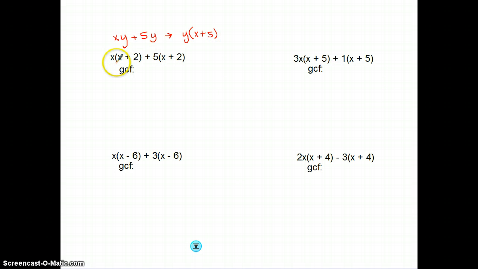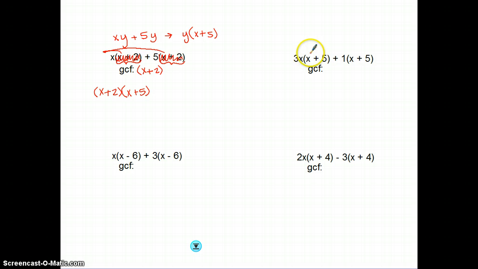Now, down here, instead of a y, I have this entire binomial. That binomial is repeated twice. So I am going to call that my greatest common factor and factor that out to the front. I take out my x plus 2's to the front, and what I have left after I factor that out, so that is now gone, is an x, so in parentheses, x from the first term plus 5 from the second.